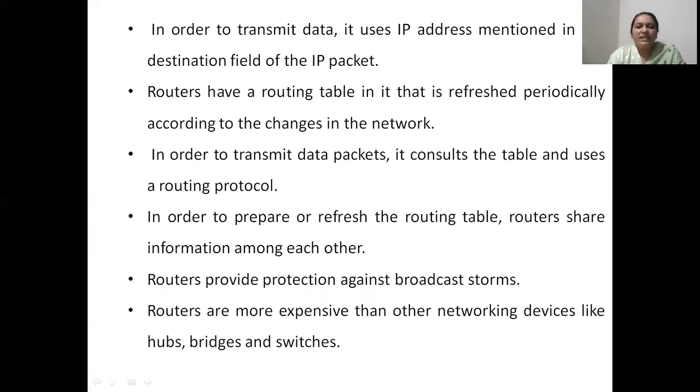To transmit data packets, the routing table will be consulted by the router, as well as routing protocols like RIP and OSPF. Using the routing table and these routing protocols, the router can transmit data packets between source node and destination node, whether they are present in the same network or on different networks.